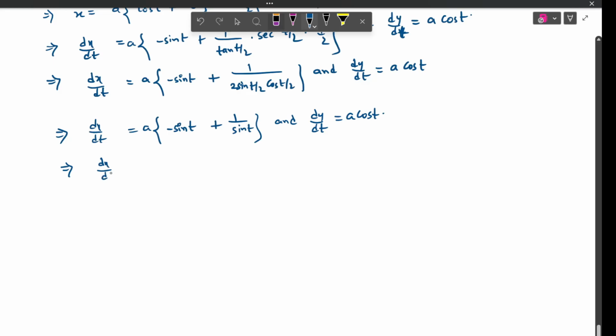So dx by dt is a, if we take LCM, minus sin square t plus 1 by sin t, and dy by dt is a cos t.